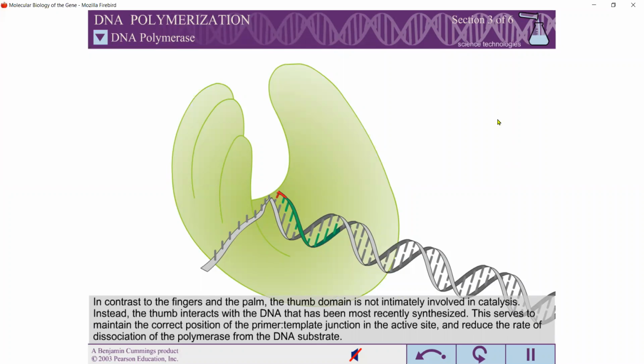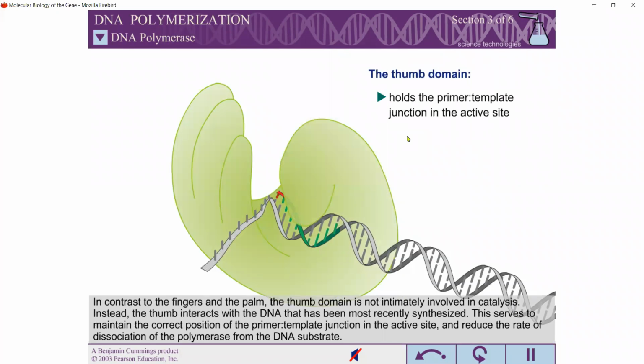So next comes the function of the thumb domain. As you saw, the thumb domain was not directly involved in the catalysis reaction. So what does the thumb domain do? It holds the primer template junction in the active site, and once a new nucleotide has been added, it pushes the nucleotide back from the active site so that a new unpaired base is now available.